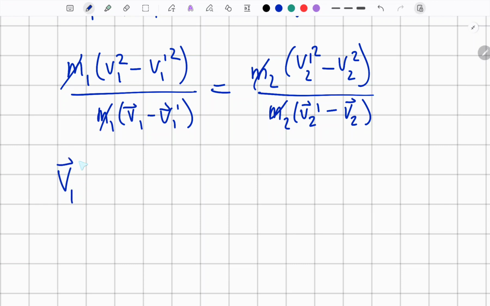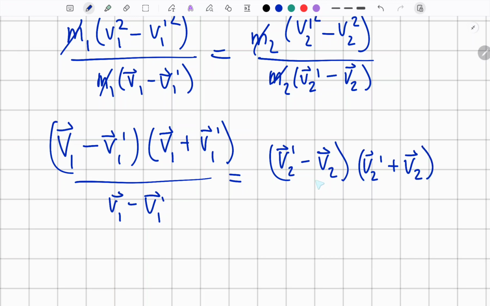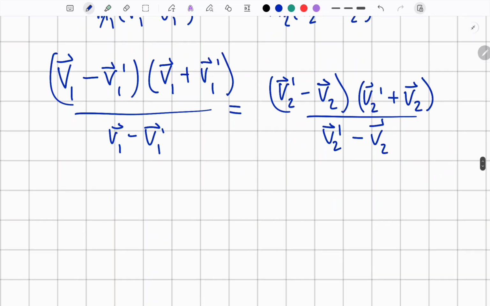So you're going to have V1 minus V1 prime times V1 plus V1 prime, over V1 minus V1 prime, equals V2 prime minus V2 times V2 prime plus V2, over V2 prime minus V2. Now you can see these are going to cancel out. You're going to divide them out of there.